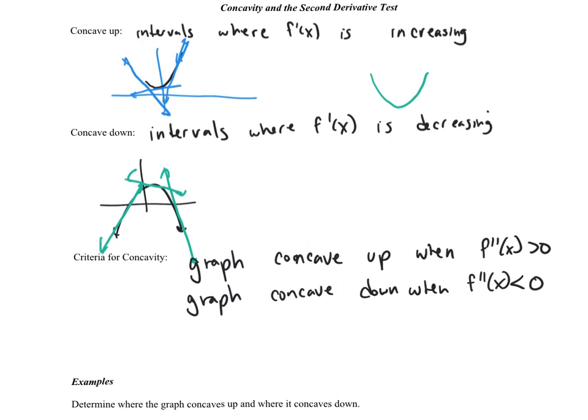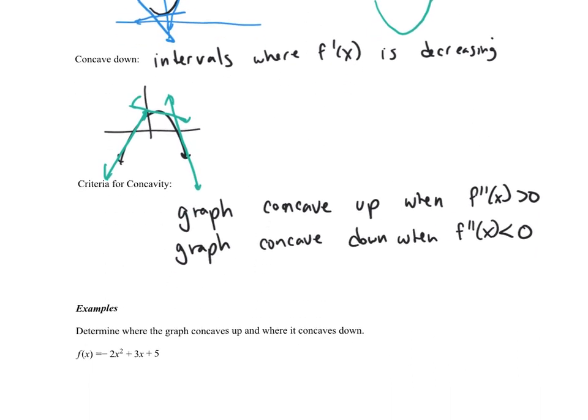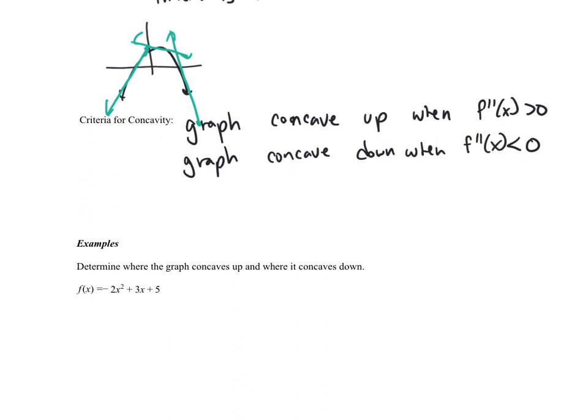We'll similarly make a sign chart like we did for the first derivative, just for the second derivative. So when we're doing concavity, we start by finding the second derivative, make our chart, and go from there. Okay?